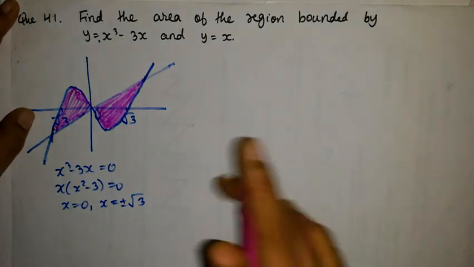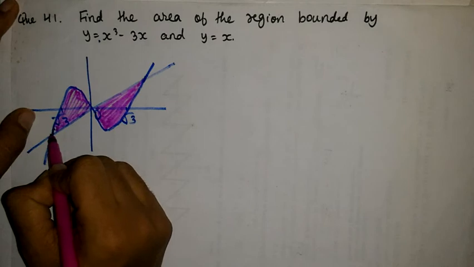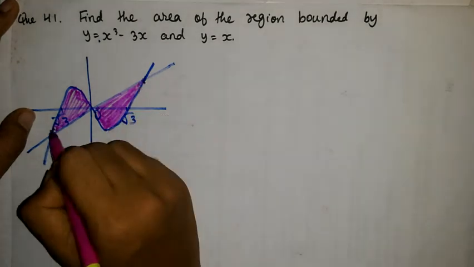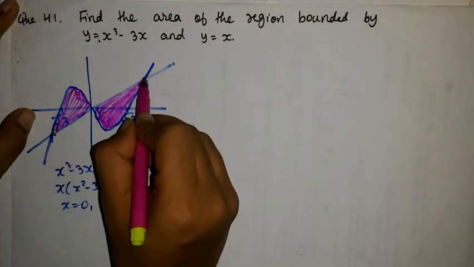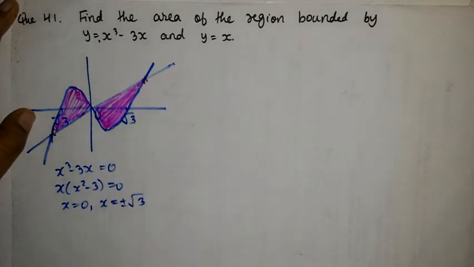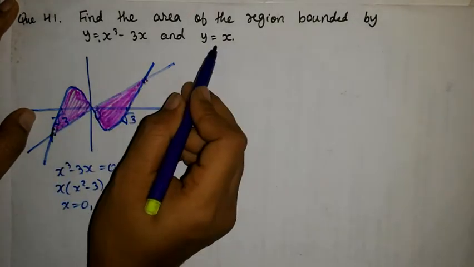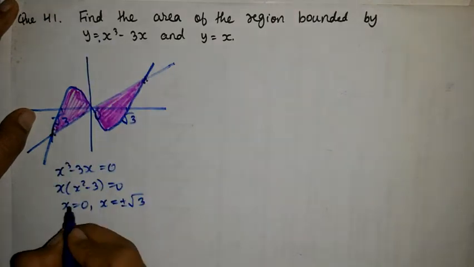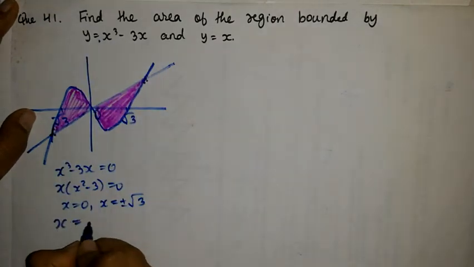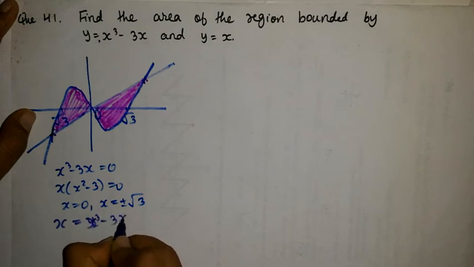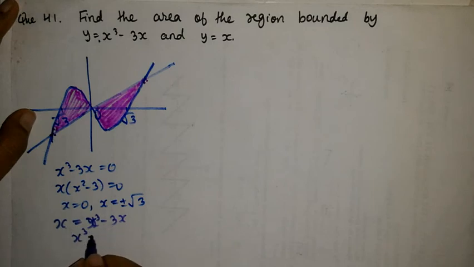For that we have to find the intersecting points. Here, at both places, we will require the intersecting points. So for that, let's equate both the equations. Let's put here x. So we get x is equal to x cube minus 3x. So x cube, bring this x to this side, we get x cube minus 4x is equal to 0.